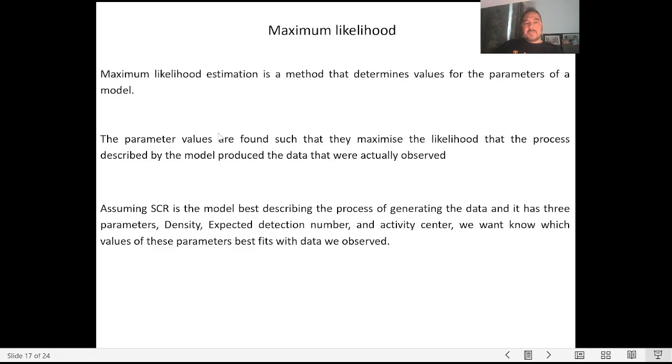The parameter values are found such that they maximize the likelihood that the process described by the model produced the data that were actually collected. So, assuming spatial capture-recapture is the model that best describes the process generating the data, and it has three parameters: density, expected detection number or encounter probability, and activity center, we want to know which values of these parameters best fit the observed data.